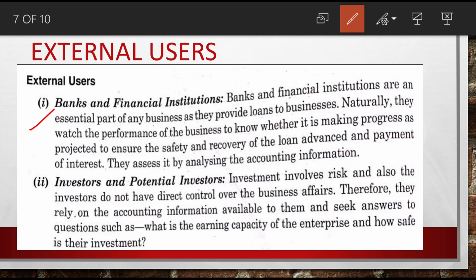When they give loan facilities to our business, we must be in a position to repay the loan, then only they will give the loan, isn't it? First of all, they will check our last year's financial information, then only they will give this loan. So definitely they are demanding accounting information.